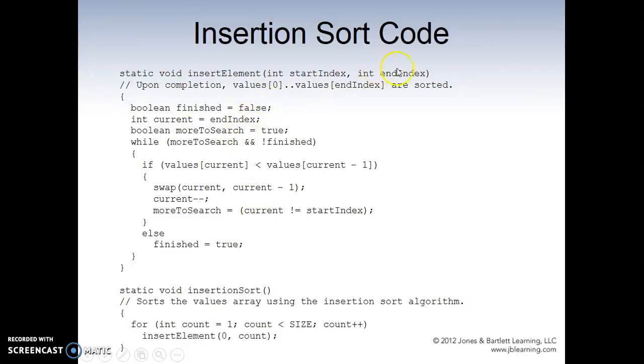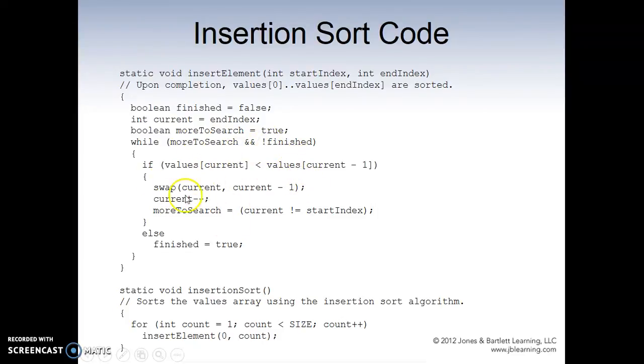But the bottom in this case is not the bottom of the list, it's the bottom of the part that we have touched, which is the blue portion after the sorted part. So more to search is set to true first, then while not finished and more to search, we compare the value at the bottom to the one before it.